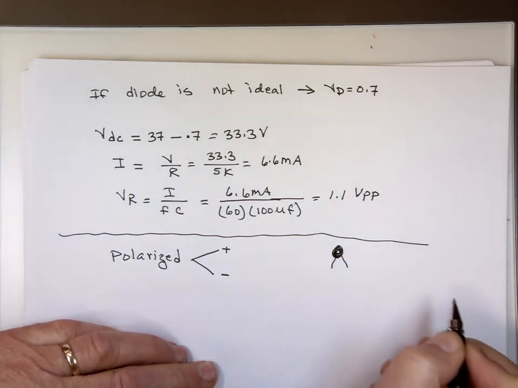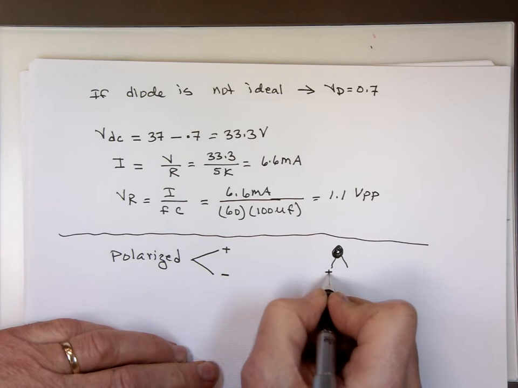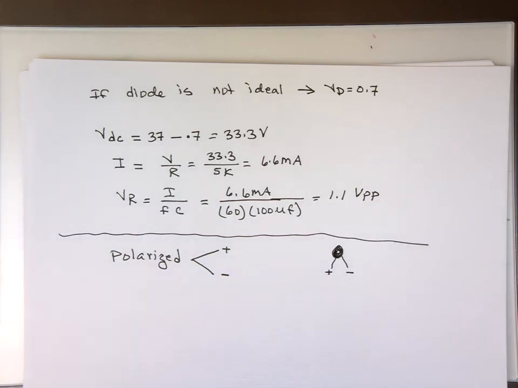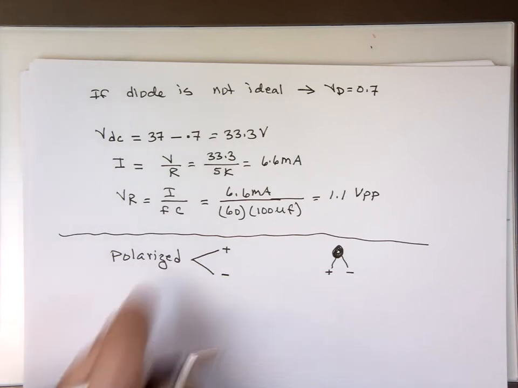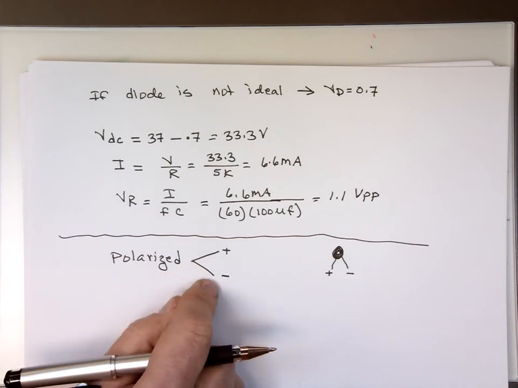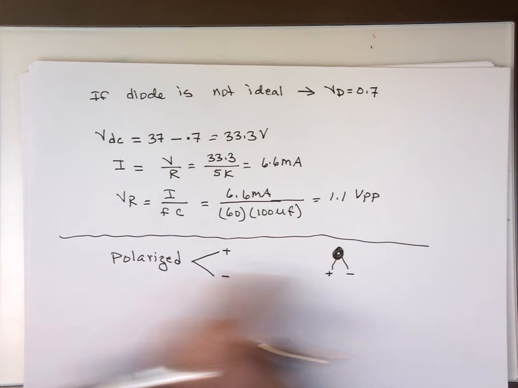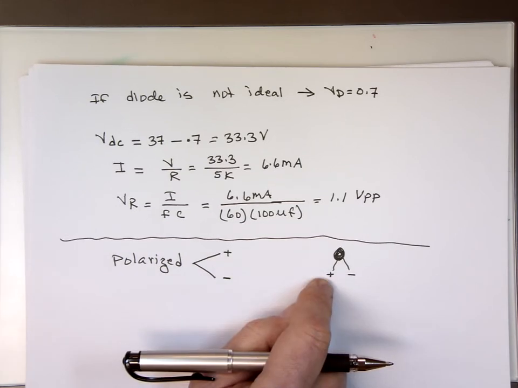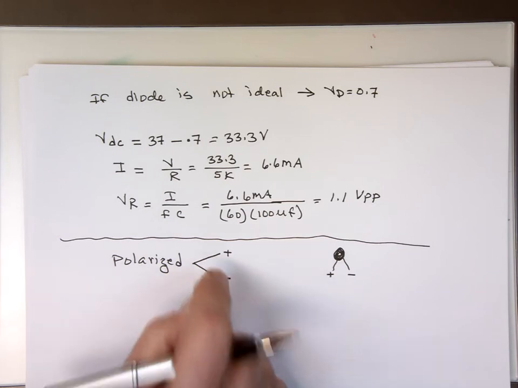One will be charged positively, one negative. Not all capacitors, but some are polarized. If you are using one of these, make sure that you look carefully, because the plus end of that capacitor must be attached to the positive end of that source there.